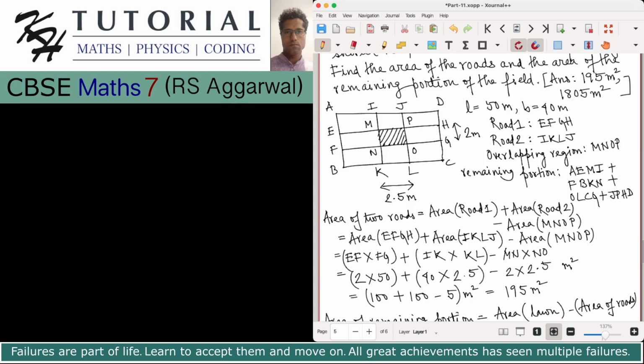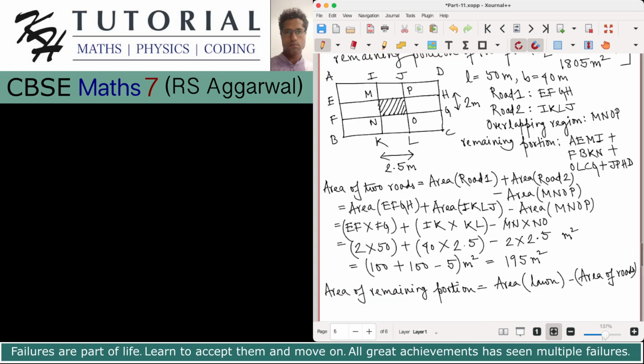Sorry, this is not lawn, but this is field. This is the area of the field, the two roads.